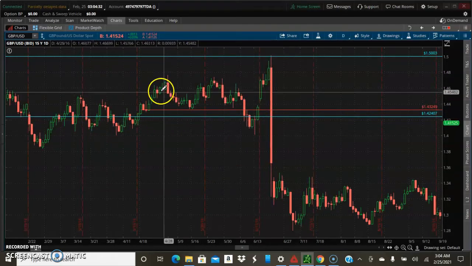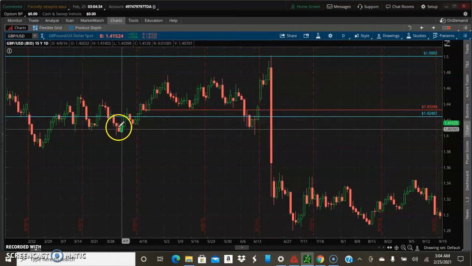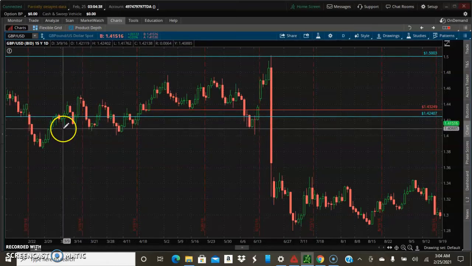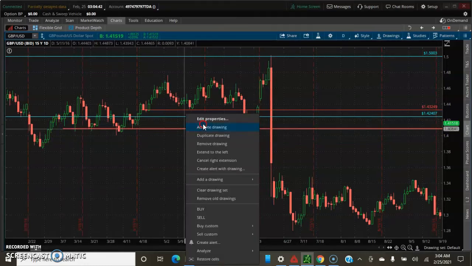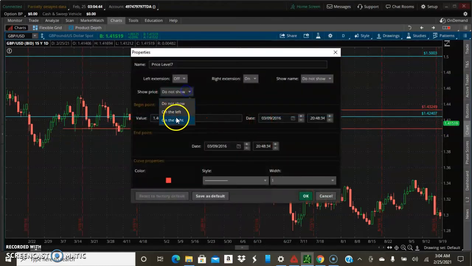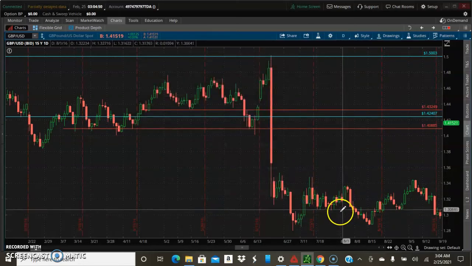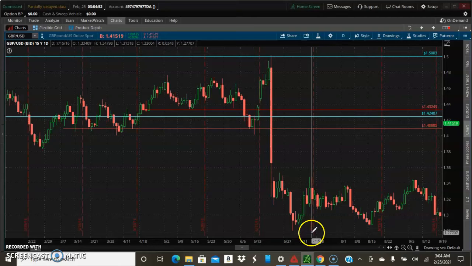Right, we got another. If the market breaks back down underneath that price, let's find out where we go. Oh, here we go right here. All this level here. All right, we're gonna stick with what we have here.